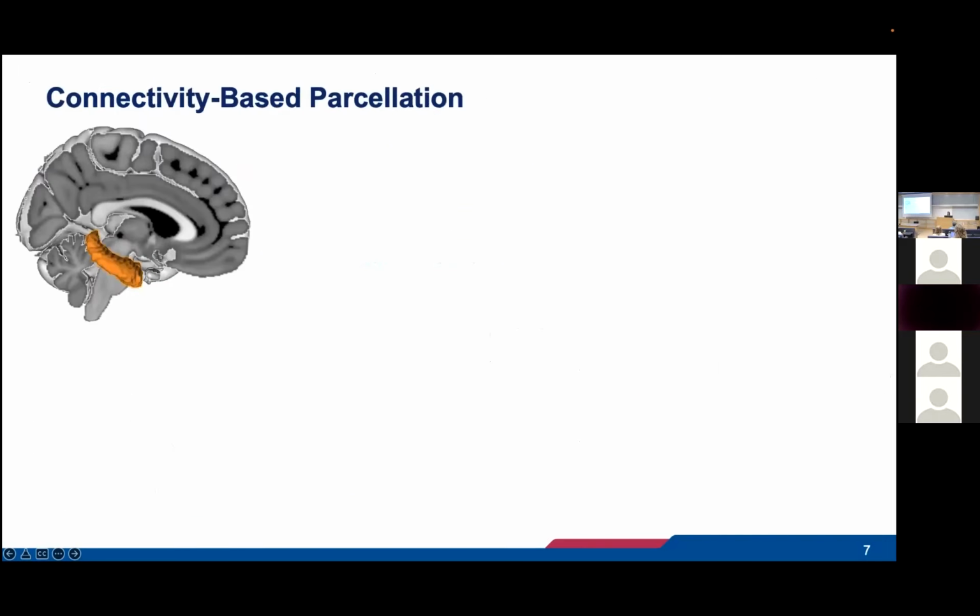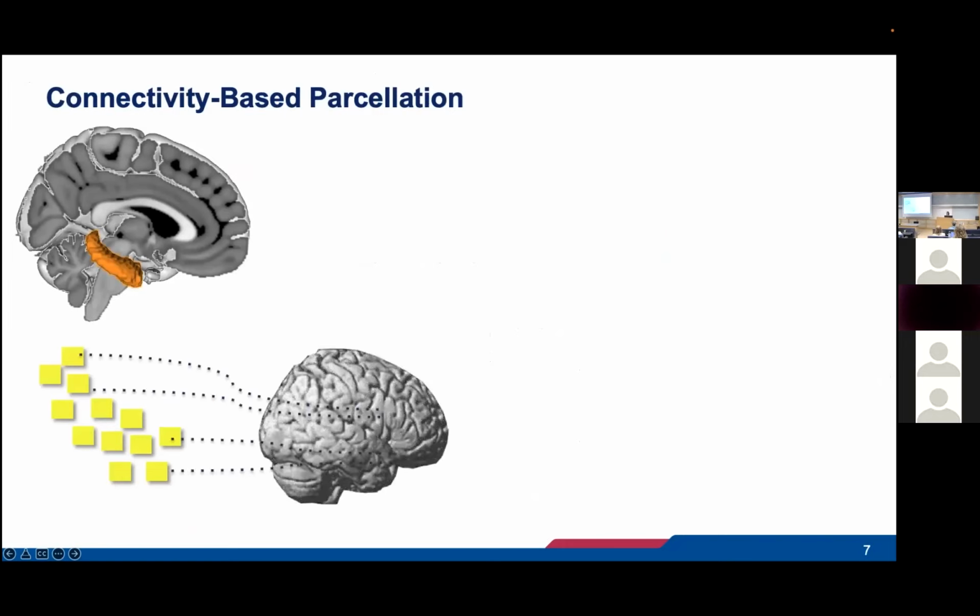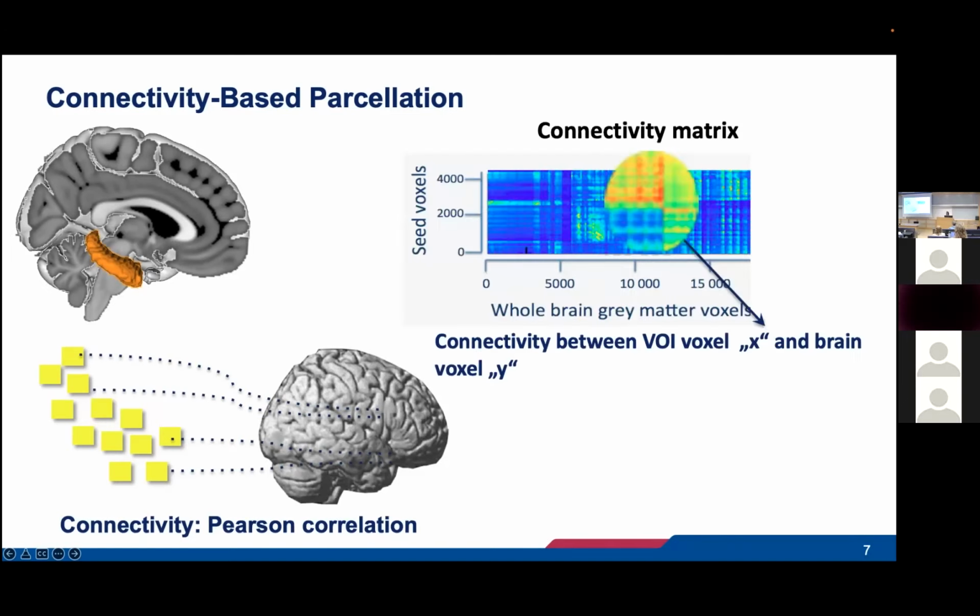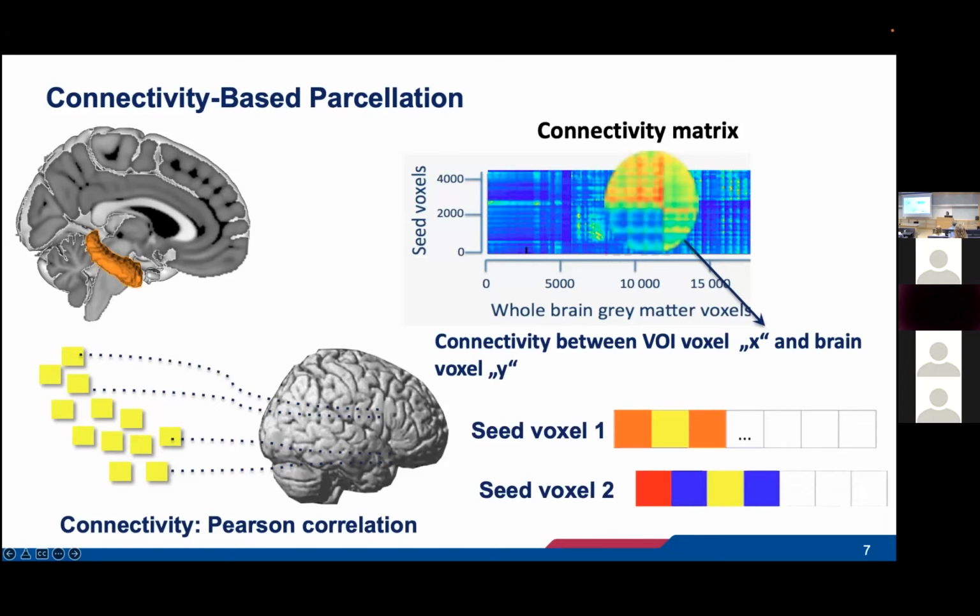So I used connectivity-based parcellation as a method. For each hippocampal voxel, I computed the connectivity to every other brain voxel in the gray matter, just using the Pearson correlation. So I end up having a seed by target matrix containing for each hippocampal voxel a specific connectivity profile. But here you can see we still can't say whether voxel 1 is really different based on its connectivity profile compared to voxel 2.